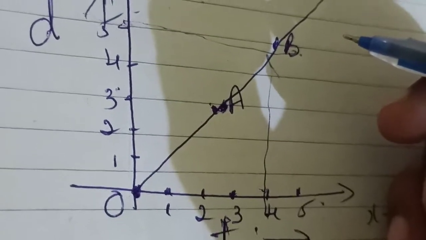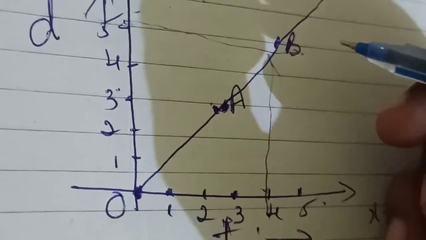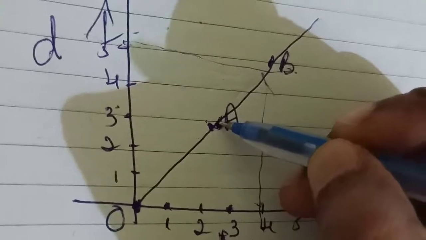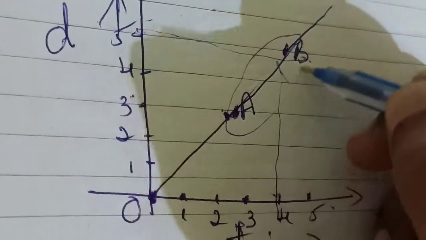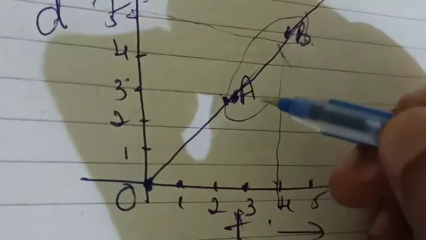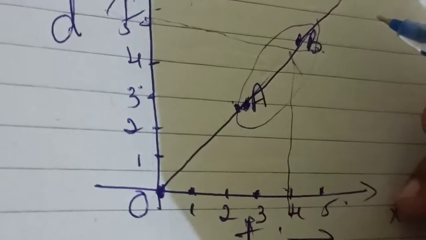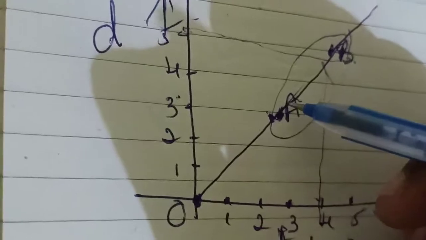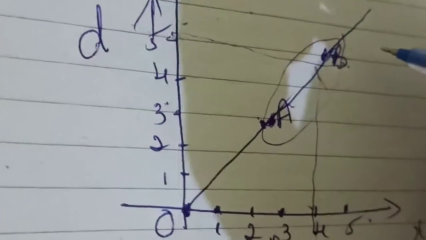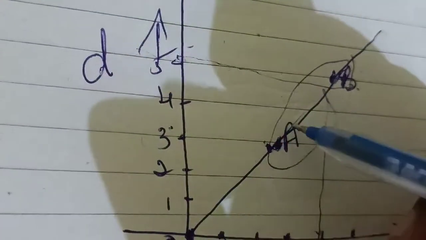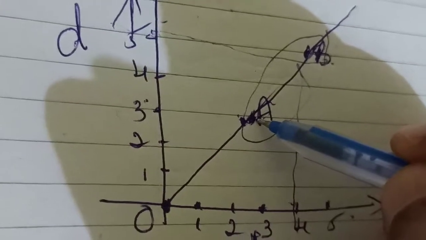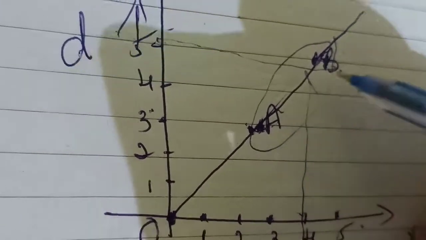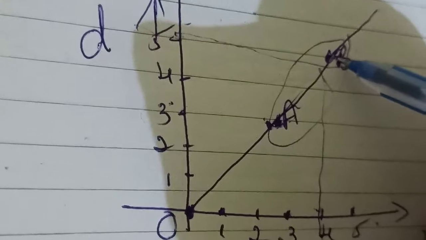I will ask you to tell me the speed from A to B, this whole part. First we were speaking about only one point, isn't it? Now I am asking about the part from A to B. What is the speed? From A, the car has reached point B, isn't it?